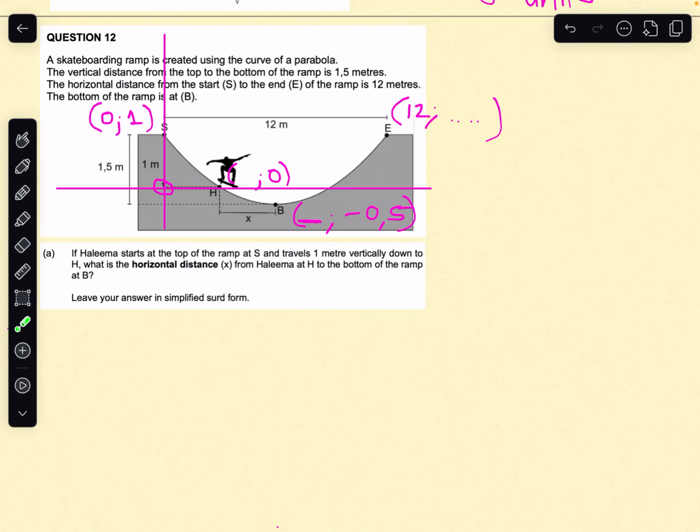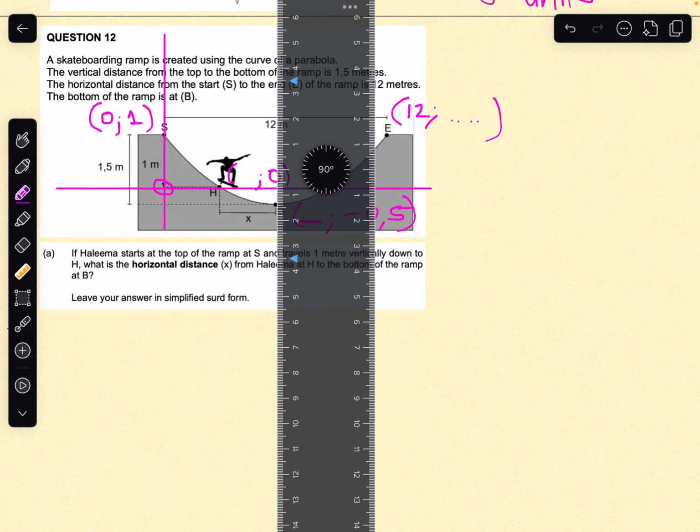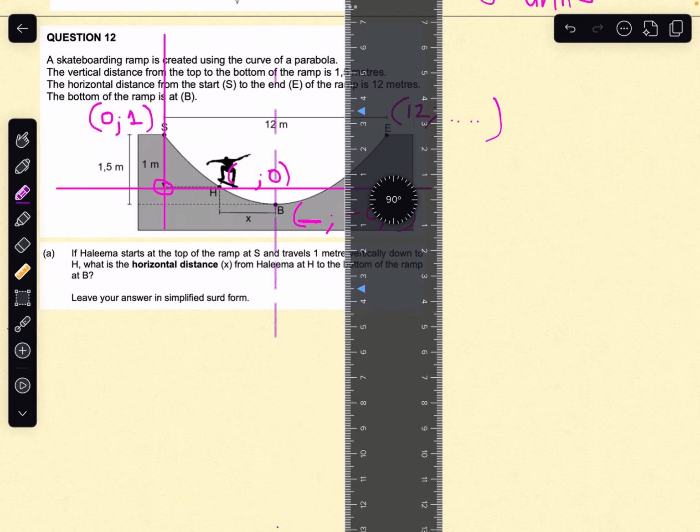And to find the x coordinate, we know that the turning point of a parabola lives on the axis of symmetry of that parabola. So if we were to draw the axis of symmetry, it would be this.